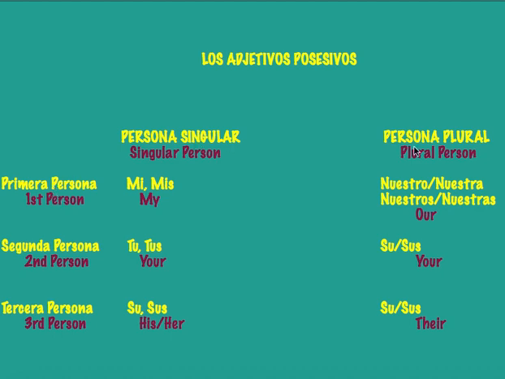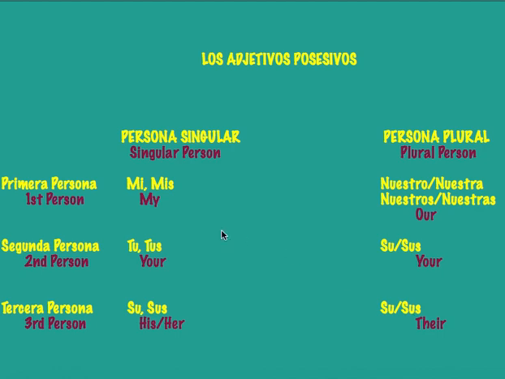First person plural is we, or us. Second person singular is you. Second person plural is you, or you all, or all of you. And third person singular is him, her, he, she, one, and also third person plural is they.